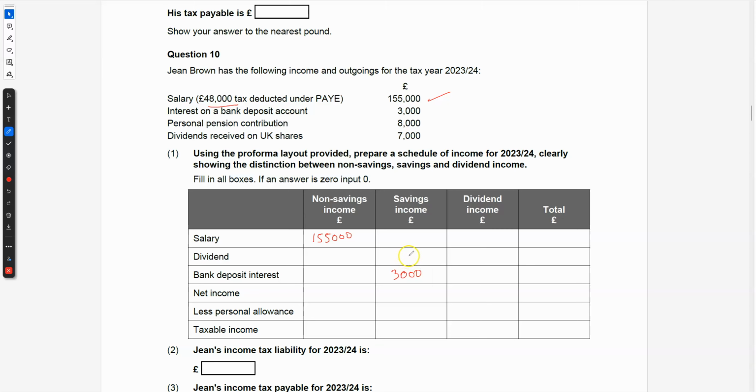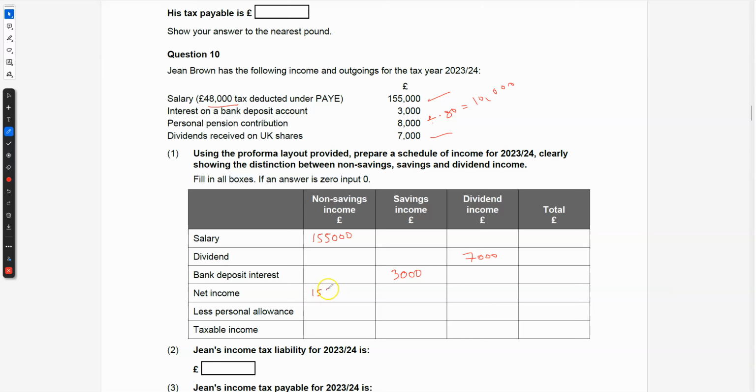And the dividend, we have UK dividend 7,000. And then we have a PPC, personal pension contribution, so we need to gross it up. Remember that if it is 8,000, it will always be 10,000, so the basic and the higher band will be extended.